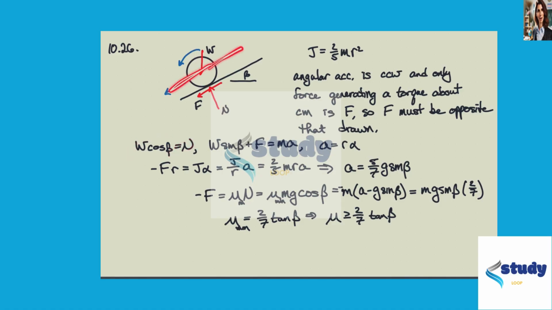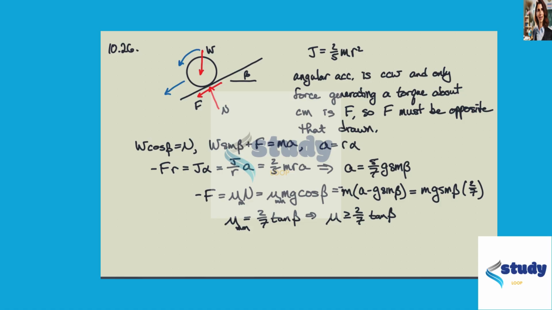And then parallel to the ramp we have W sine beta plus F equals ma. Because it's rolling without slipping, a equals R times the angular acceleration. Taking moments about this point, we have minus F times R equals J alpha, and that's equal to J over R times acceleration, and that is 2/5 mR times a.